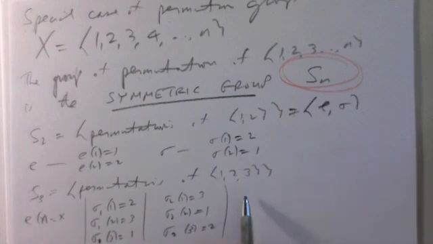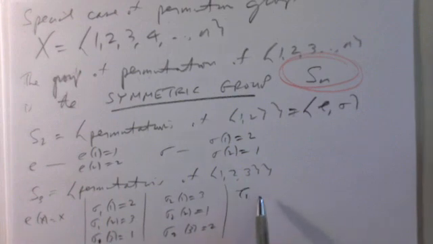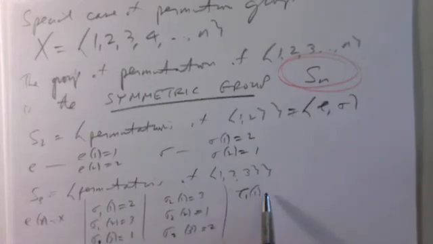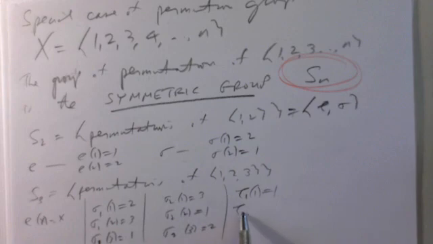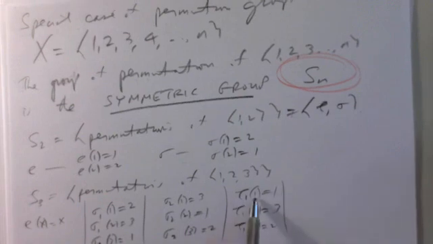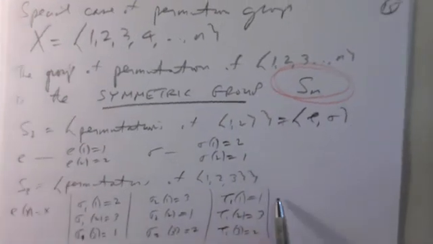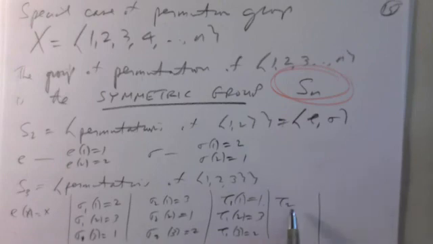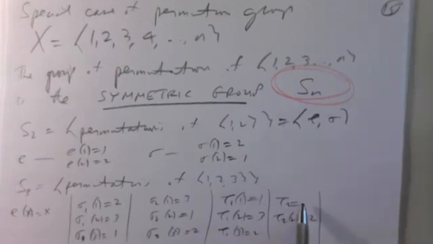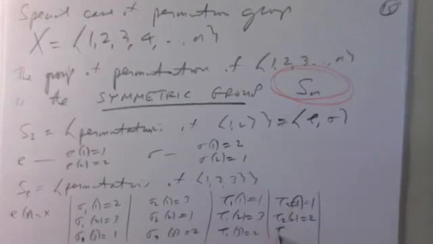So these are interchanging these numbers. And I could also, for example, fix 1 and define the permutation tau 1. Let's say tau 1 of 1 is 1. Tau 1 of 2 is 3, and tau 1 of 3 is 2. So this keeps 1 fixed and interchanges 2 and 3. I have 2 more. I could let tau 2 be the permutation that fixes 2, but interchanges 1 and 3.